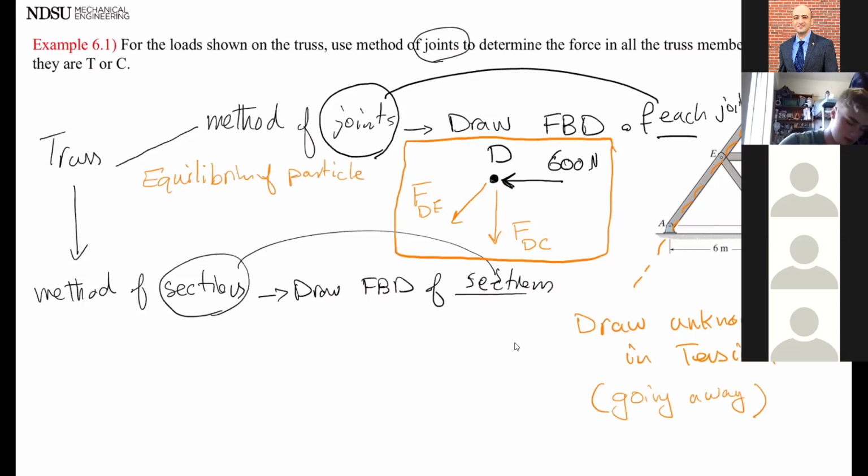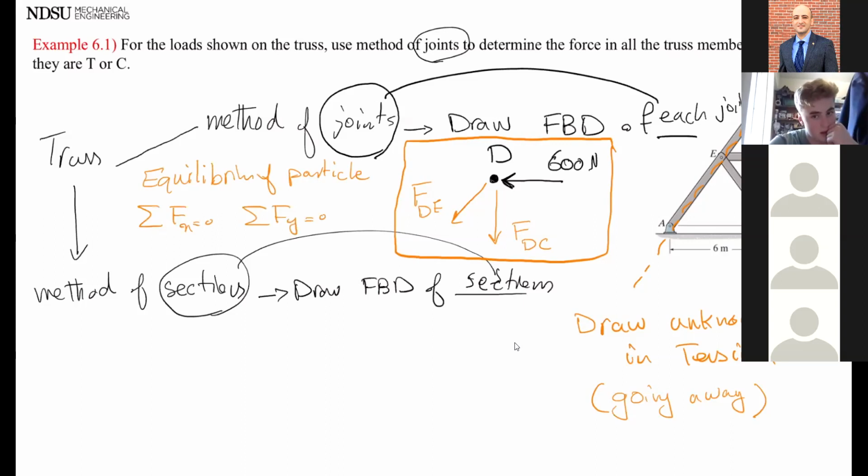Chapter 3. Okay. The reason is all the forces are either going to point to D or going away from point D. So they are all concurrent, means they go to the same point. So what you have is summation of forces in X equals 0, summation of forces in Y equals 0.